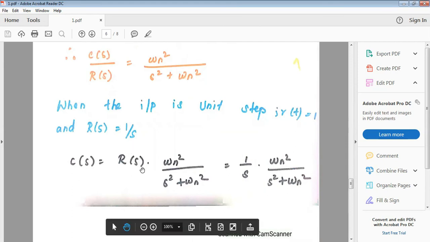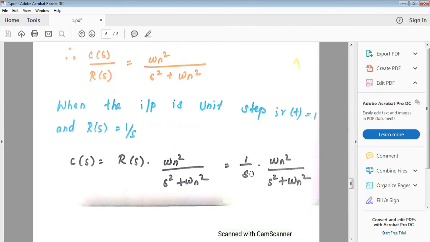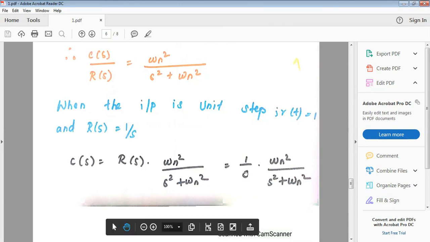For this R of s, we have to substitute 1 by s because we are using unit step input. So 1 by s into omega n square divided by s square plus omega n square. Right? So now we have to solve this equation and find out the time response analysis for this system.